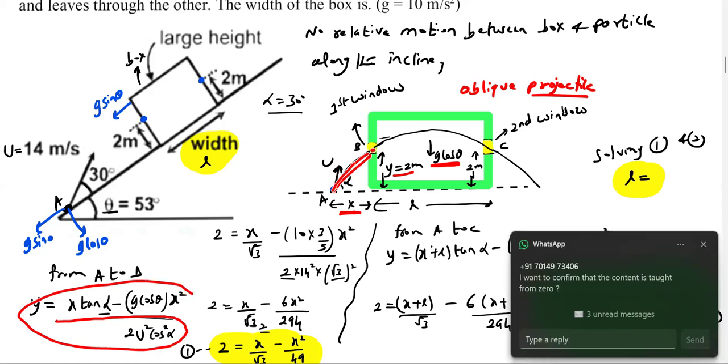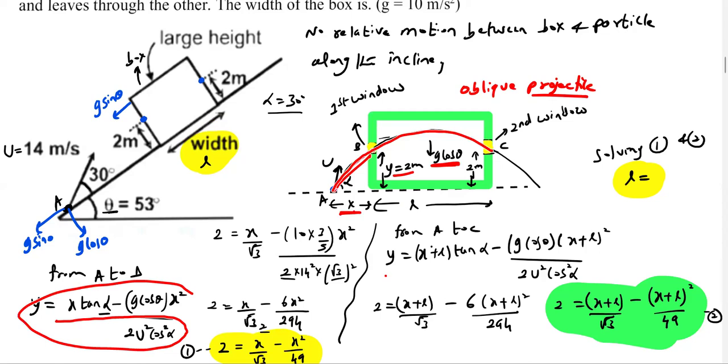Similarly, from A to C, again we'll apply the same oblique projectile equation, and solving equations 1 and 2, we'll get the width of the box.